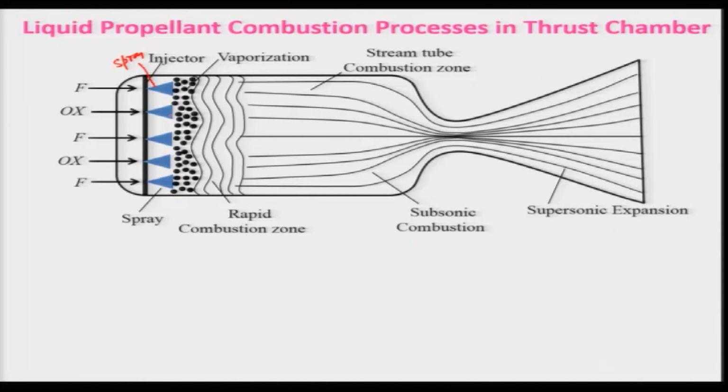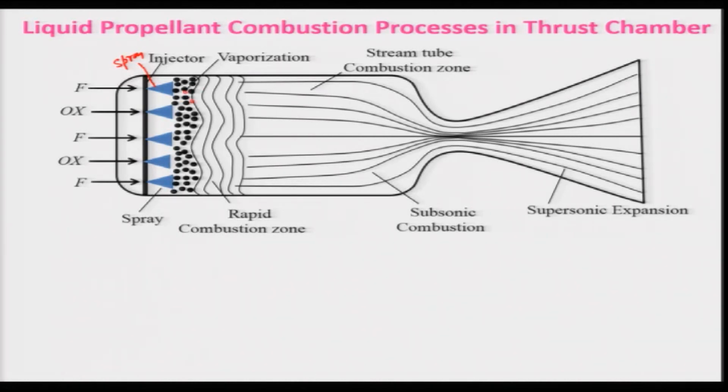Maybe a layer will be there, and there will be mixing, liquid phase mixing may occur, and droplets will be formed, then primary atomization, then secondary atomization, and the droplets will be moving with certain velocities and evaporating. Sometimes the flame might also occur.